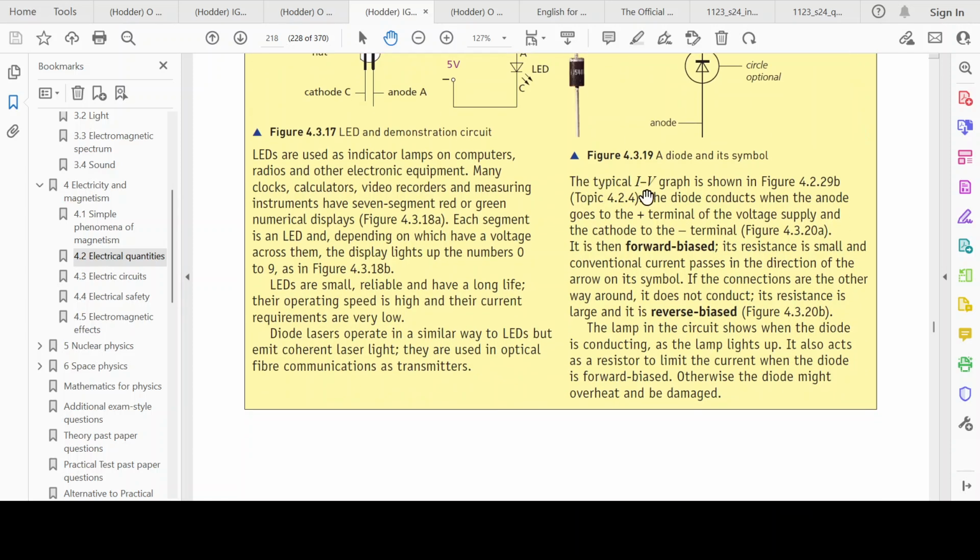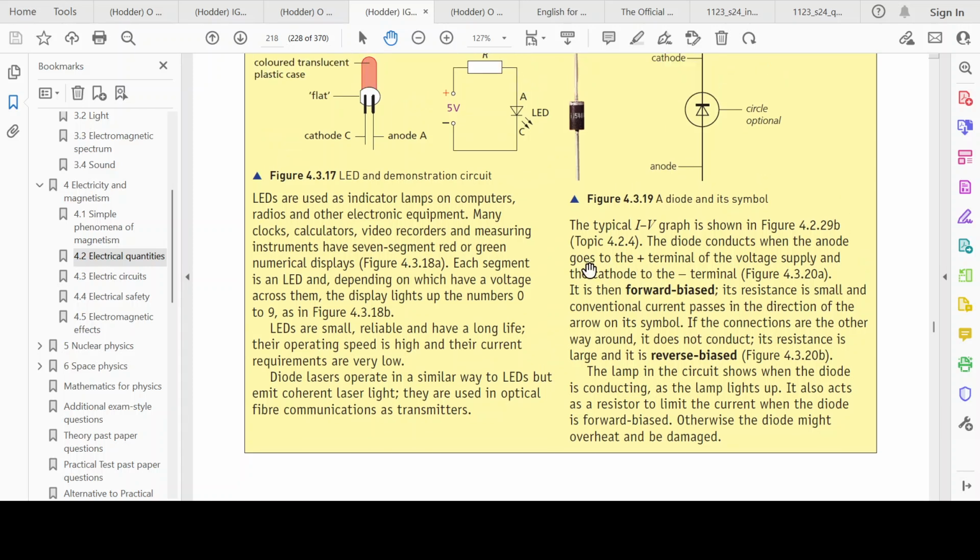The typical IV graph is shown in figure 4.2.29b, so we'll have to go back for that. For a diode, the diode conducts when the anode goes to the positive terminal of the voltage supply and the cathode to the negative terminal.